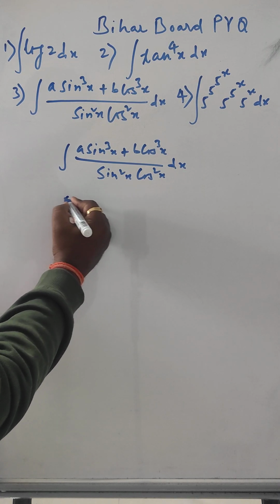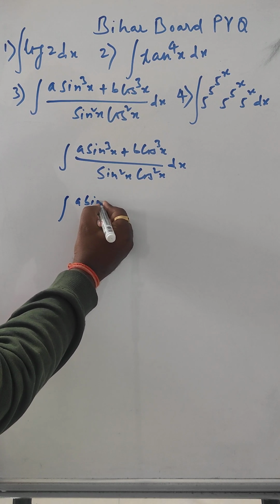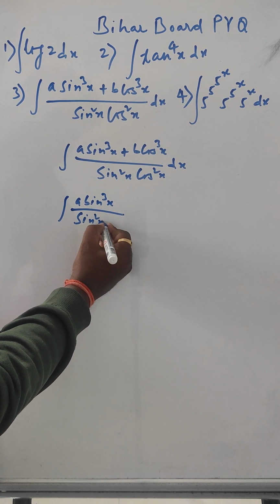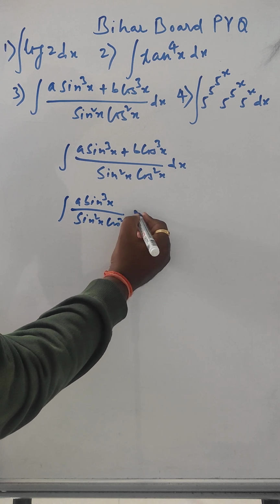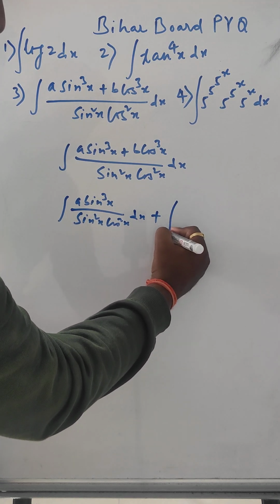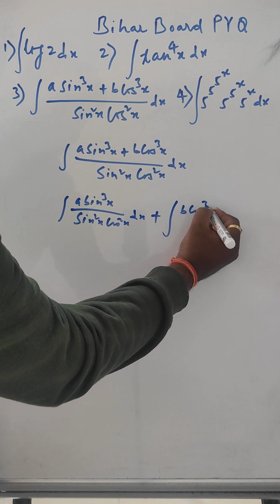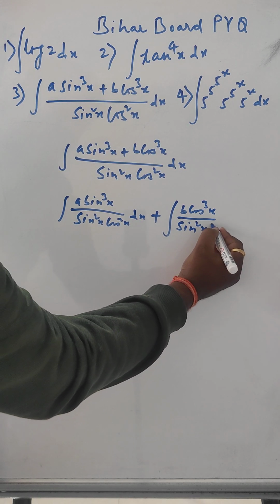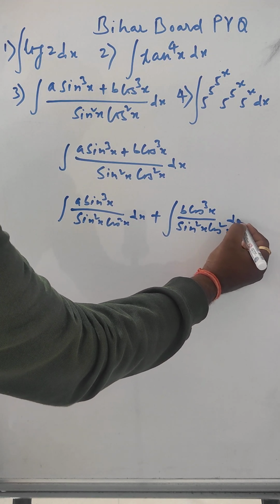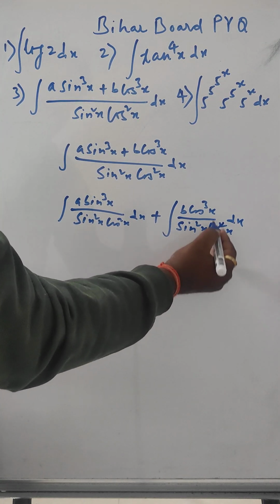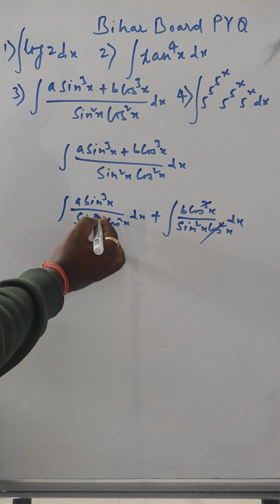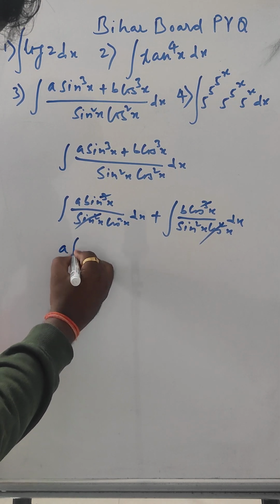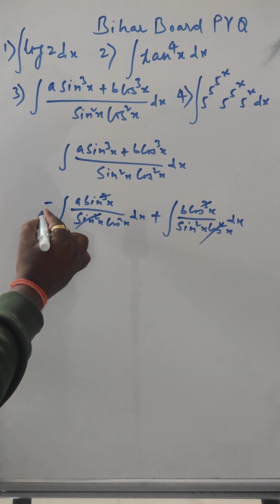We can separate it out: a sin^3 x over sin^2 x cos^2 x dx plus b cos^3 x over sin^2 x cos^2 x dx. So this cancels and here this cancels. Here a is a constant, we can bring it out.